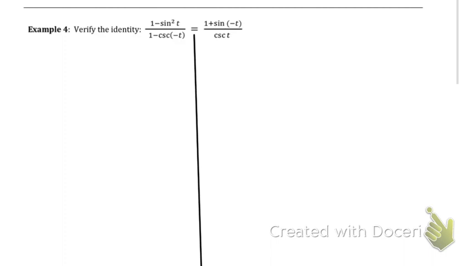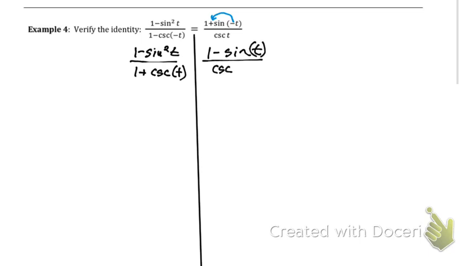So our left side, we have 1 minus sine squared t all over, with cosecant, you pull out the negative sign, so it'll be 1 plus cosecant t. Same thing with sine. You pull out the negative sign. So we're going to have 1 minus sine t, I should say, all over cosecant t.